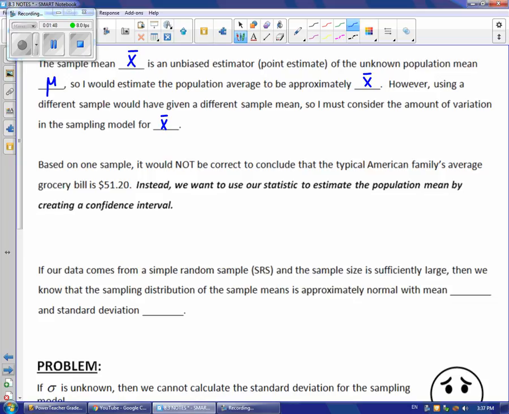Based on one sample, it would not be correct to conclude that the typical American family's average grocery bill is $51.20. Instead, we want to use our statistic, or our x̄, to estimate the population mean, mu, by creating a confidence interval. And remember, the interval is a range of numbers.